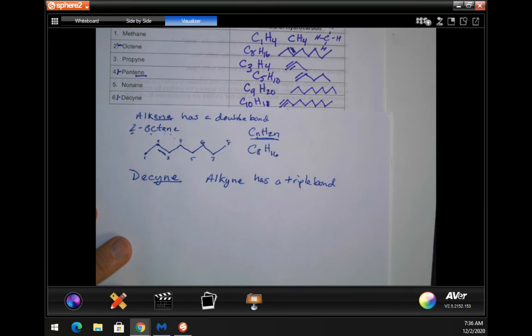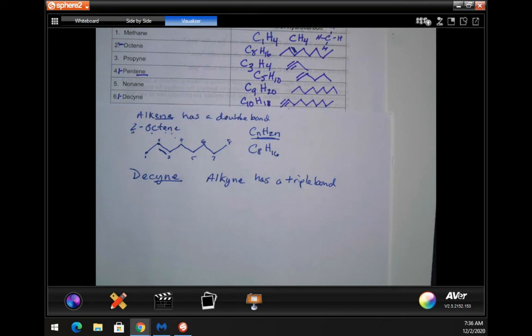And the number is going to tell me how many of the triple bonds there are. So if there's just 1 number, can you guess how many triple bonds there are? Yeah, there's just 1. It's just common sense stuff. If there's multiple numbers, then there's going to be multiple double and triple bonds.